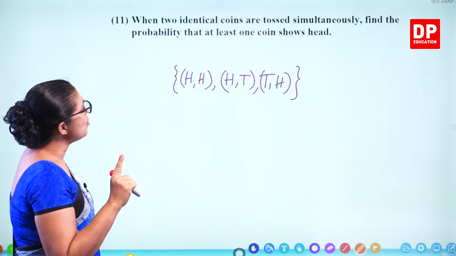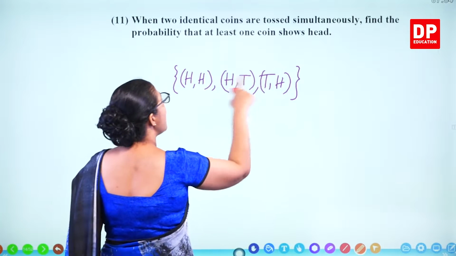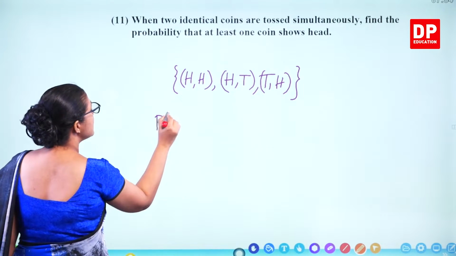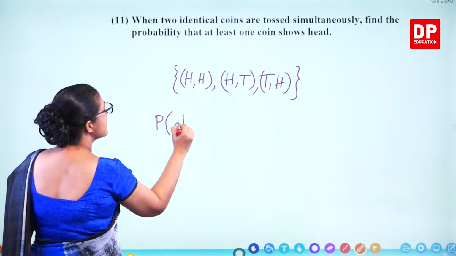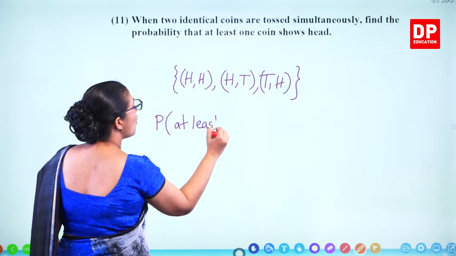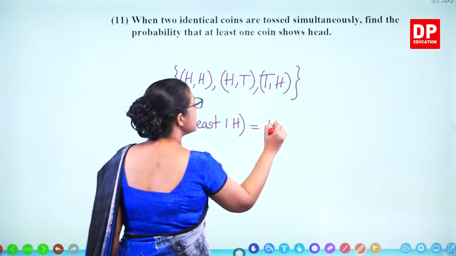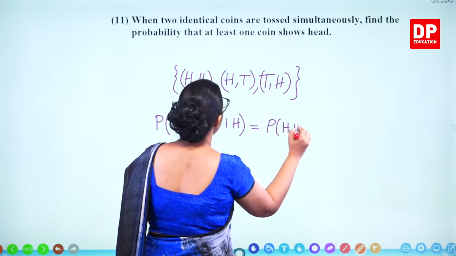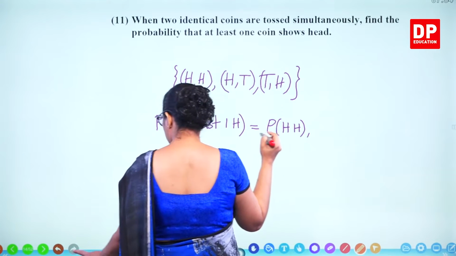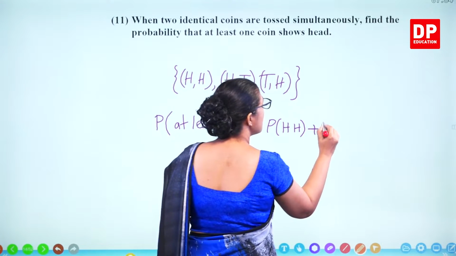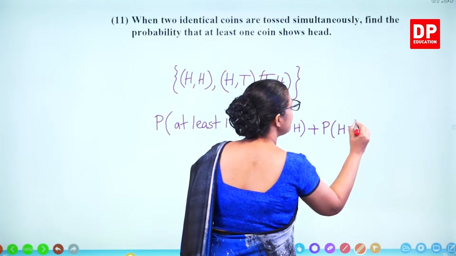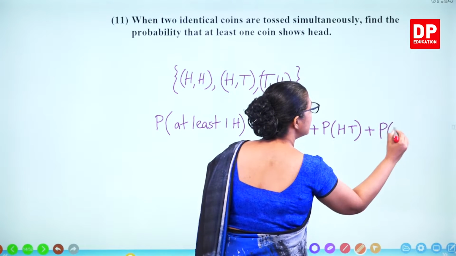So how do you find these 3? Either you can calculate separately and add. So the probability of at least one head means you add these possibilities. Head, head plus head, tail plus tail, head.